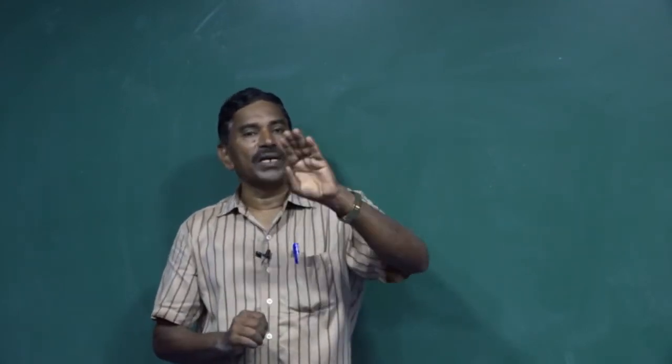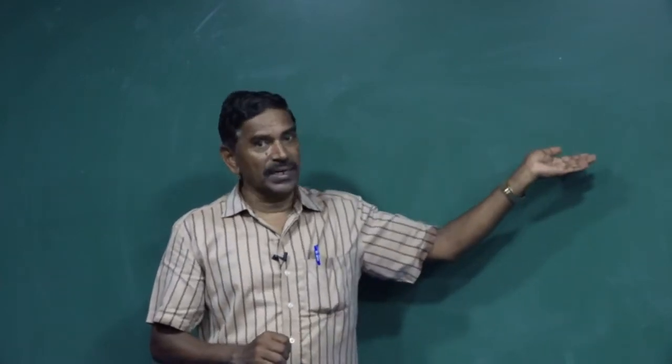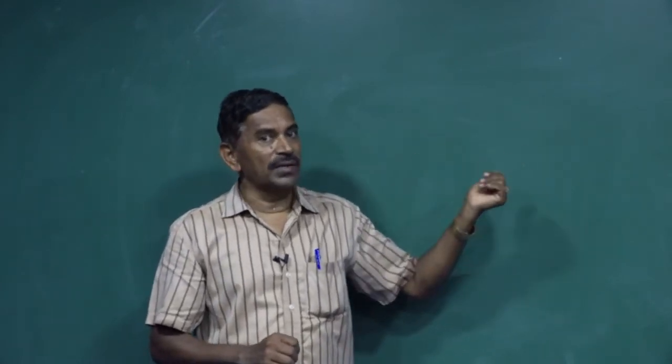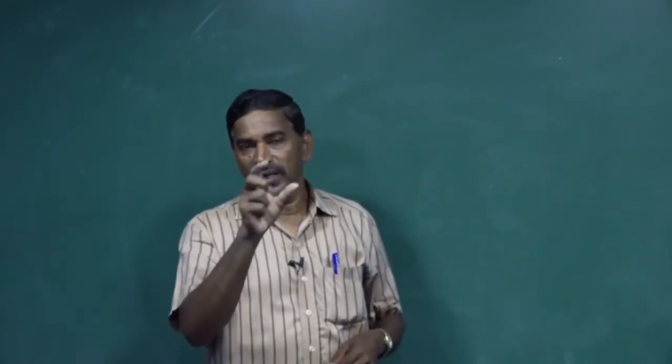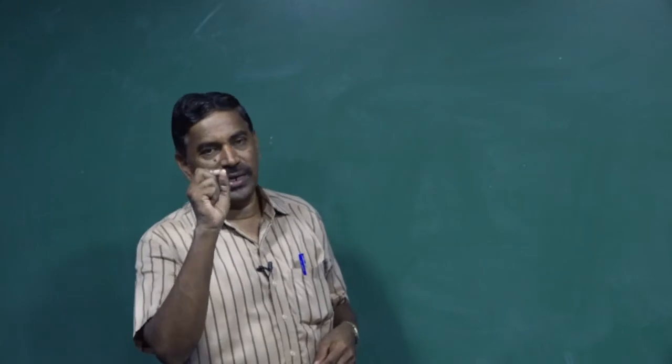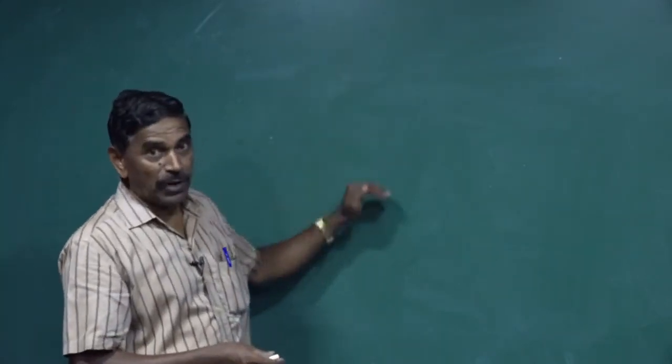The scalar product, 8.3, we completed. Now we are going to learn the vector product, that is the cross product. So to learn the next exercise 8.4, we need the following formulas.